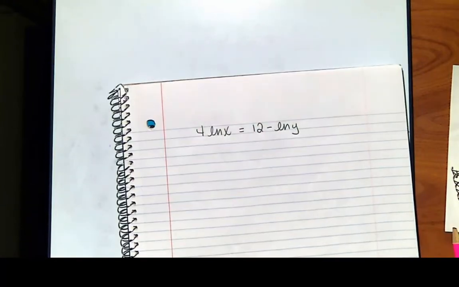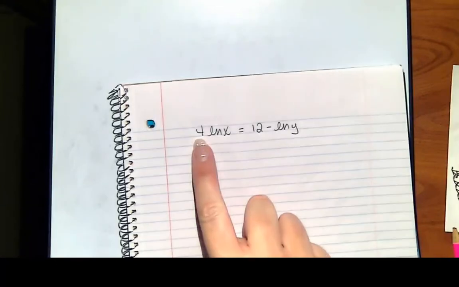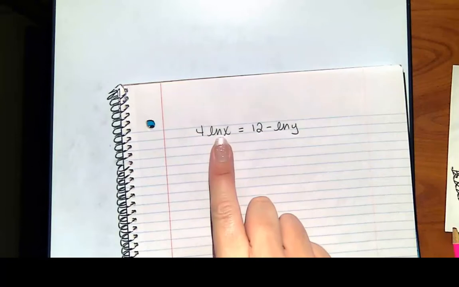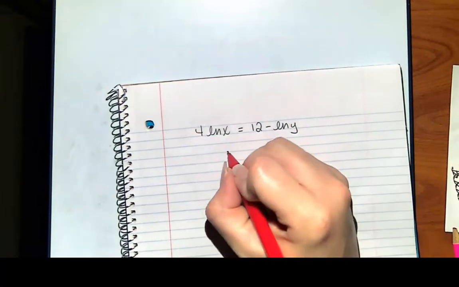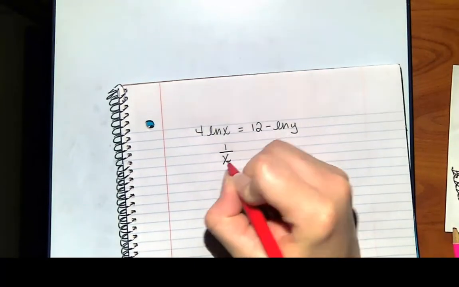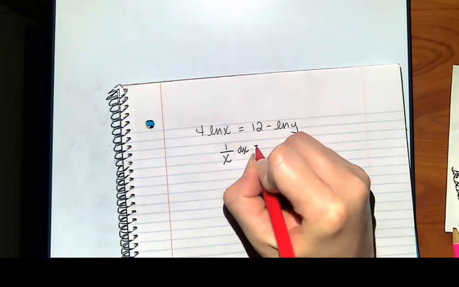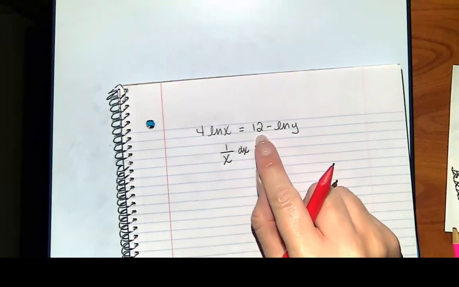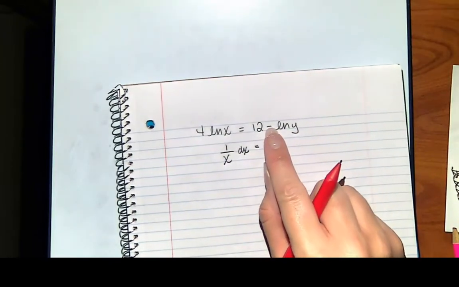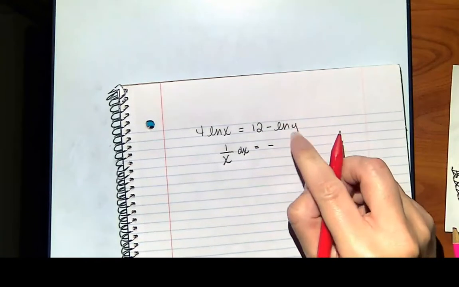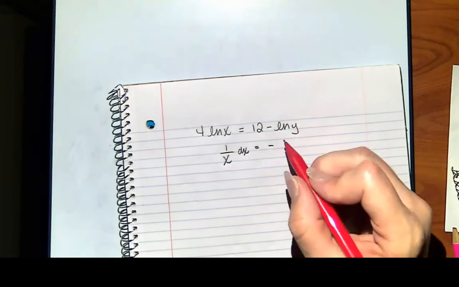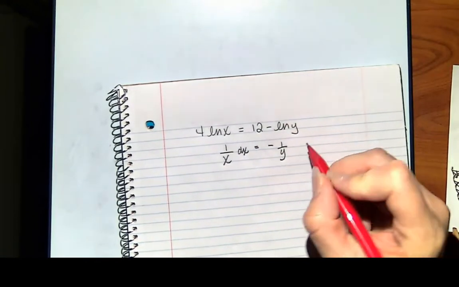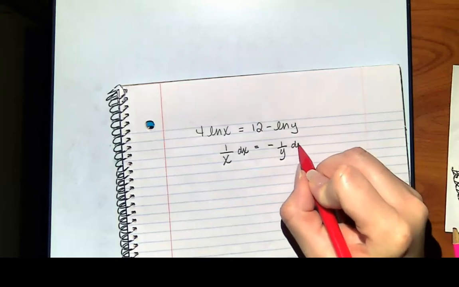And I want to do this implicitly, so 4's job is to come along for the ride. The derivative of a natural log is the derivative of the argument over the argument itself, dx. The derivative of 12 is 0. And then negative, the derivative of a natural log is the derivative of the argument over the argument itself, dy.